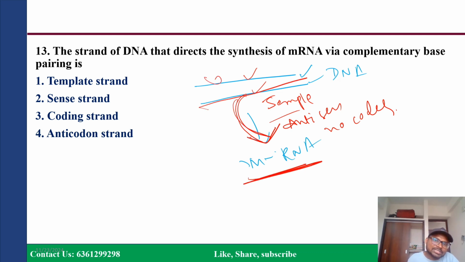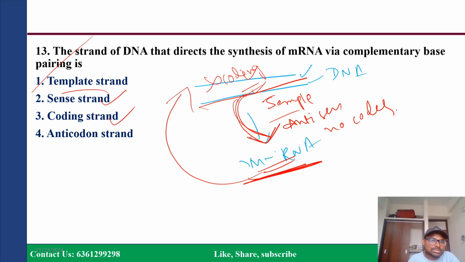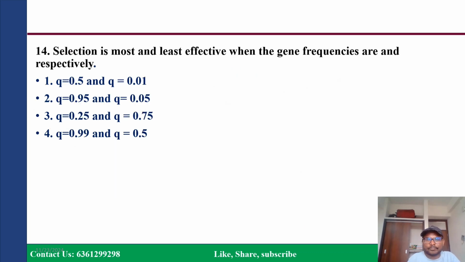The other strand looks exactly like your mRNA, and it is called the coding strand. These are basic things you have been reading since PUC. It is a simple thing, but many times you will get confused. Sense strand and coding strand are the same, and template strand and antisense strand are the same. You have to remember those things.